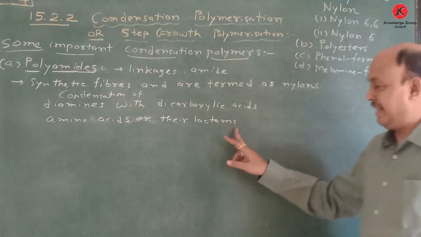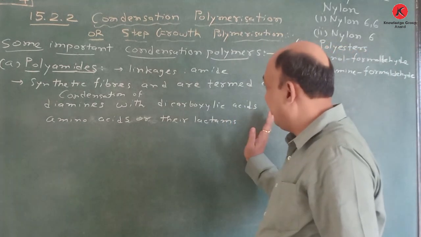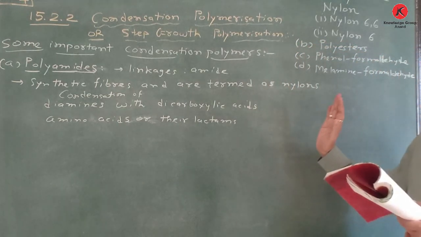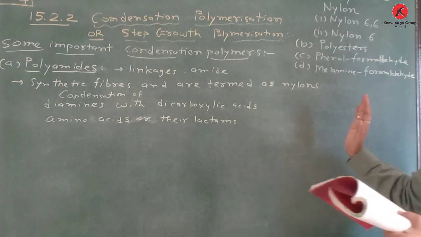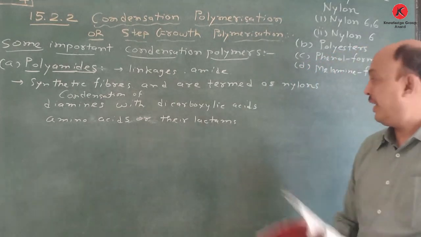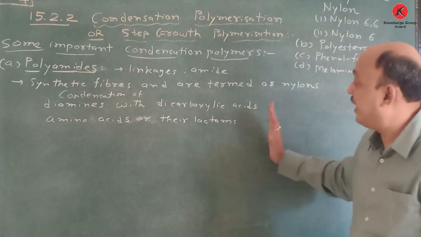Caprolactam is the monomer, and here it is heated. Caprolactam is the monomer for the preparation of nylon 6. Remember this one, it's very important.